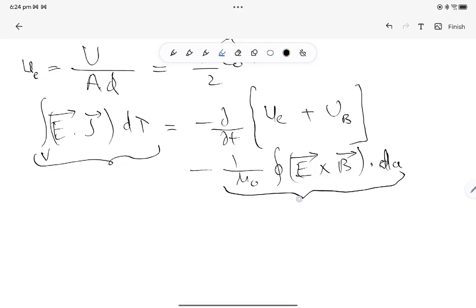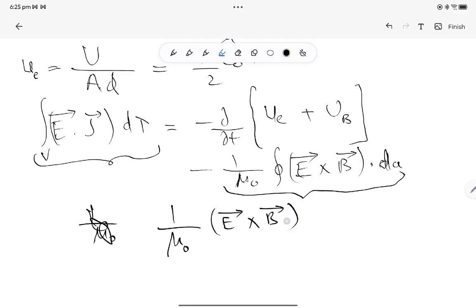So based on that, we can absorb this mu naught here and write 1 by mu naught E cross B is some sort of energy per second, dotted with area.